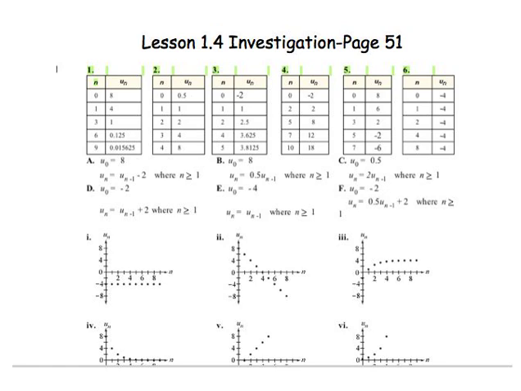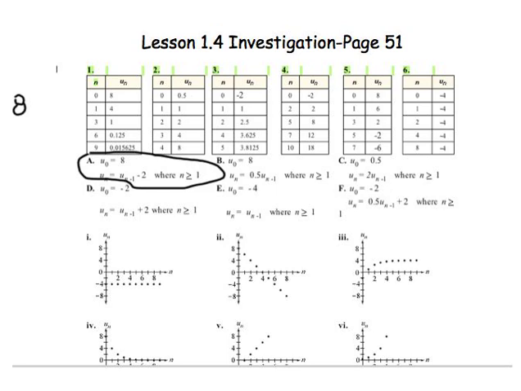So you can pause now and try it, or you can continue and let me show you how to get started. Let me take recursive routine A and show you. According to this recursive routine, your first term is going to be 8.